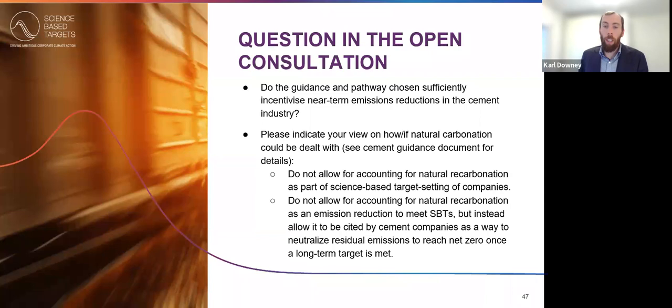According to what I just presented, we don't allow it to be accounted towards science-based targets. Or another option is where, again, we don't allow it to be counted as an emission reduction, but it could be used to neutralize residual emissions once the long-term target is reached as a kind of beyond value chain mitigation. So we're interested in your views on those.